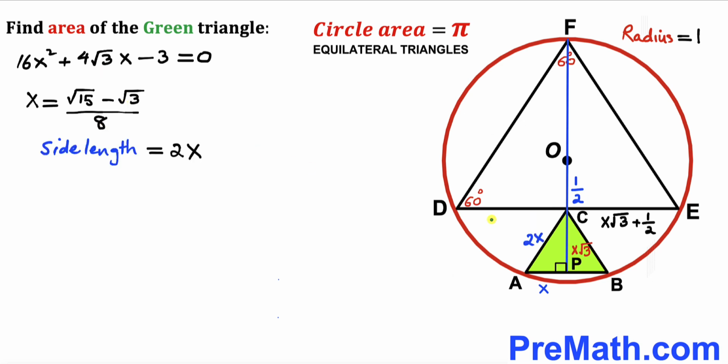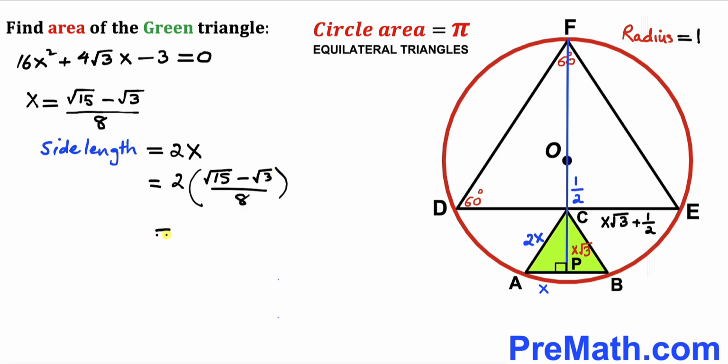And now let's make an observation on this green triangle. Its side length is 2 times x, as I wrote down over here, and our x value is this one. So therefore, the side length of this green triangle is going to be 2 times square root of 15 minus square root of 3 divided by 8.